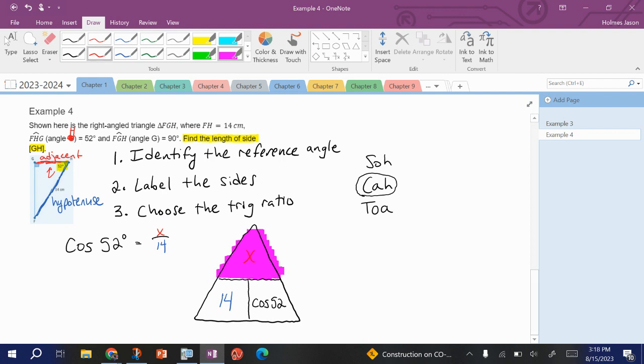And what it's going to tell me to do, I can write down now: x, that's the part that I crossed off, is equal to 14. And then when I have 14 touching cosine of 52, that tells me to multiply by the cosine of 52. And that should give me the correct solution.